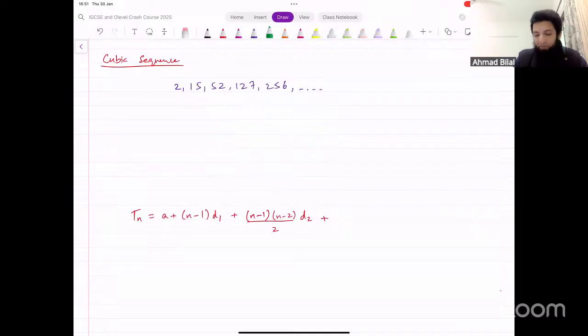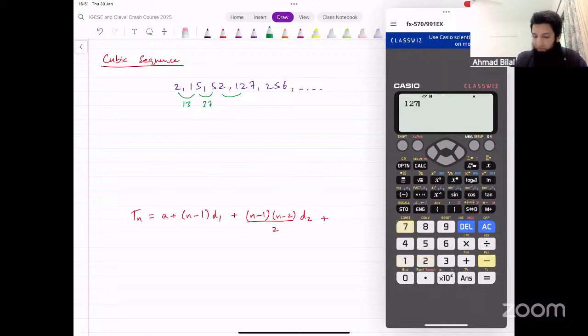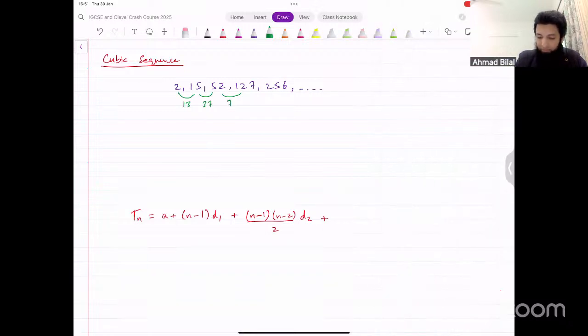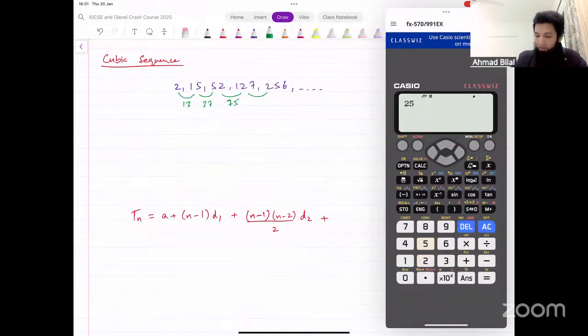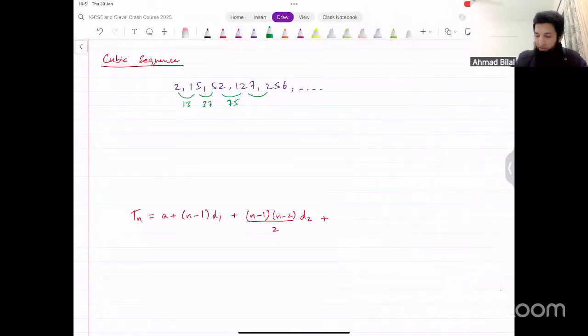If you find the difference between the terms, this is 13. This is 52 minus 15, that's 37. Then this would be 127 minus 52, that is 75. And then the next one is 256 minus 127, which should be 129.